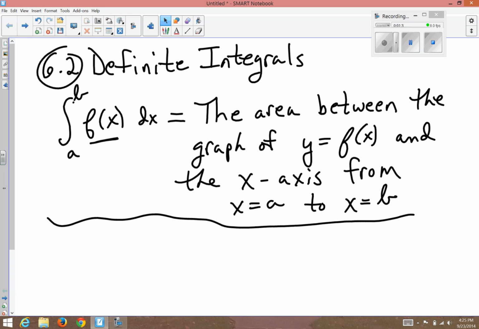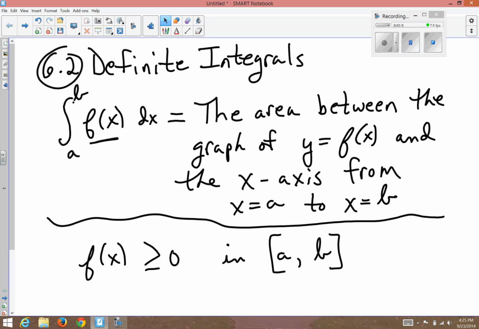So this is what we mean, but this only applies when the function that is being integrated is greater than or equal to 0 in the interval from a to b. If f of x is less than 0, we'll talk about that later.